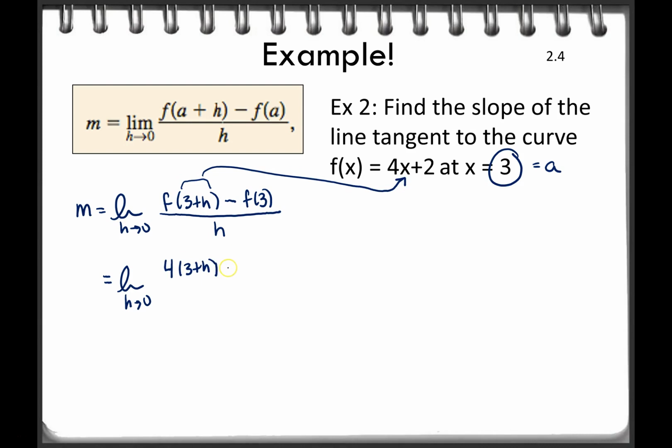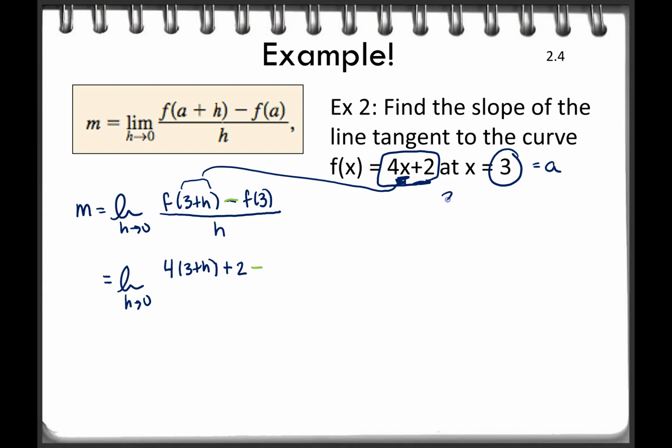And then plus 2. Don't forget that. You still have to write this whole entire thing. It's just that instead of an x, you're putting in the 3 plus h. Now I can do the minus right here. Just to highlight it, I'm doing this minus. And then I'm going to do f of 3.